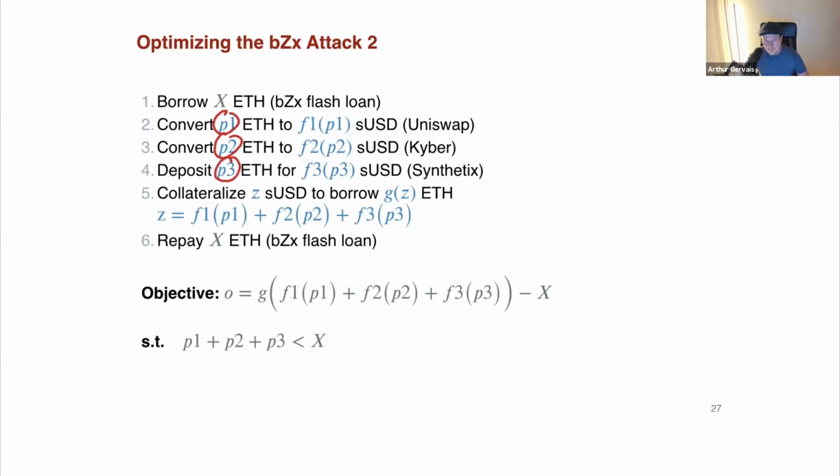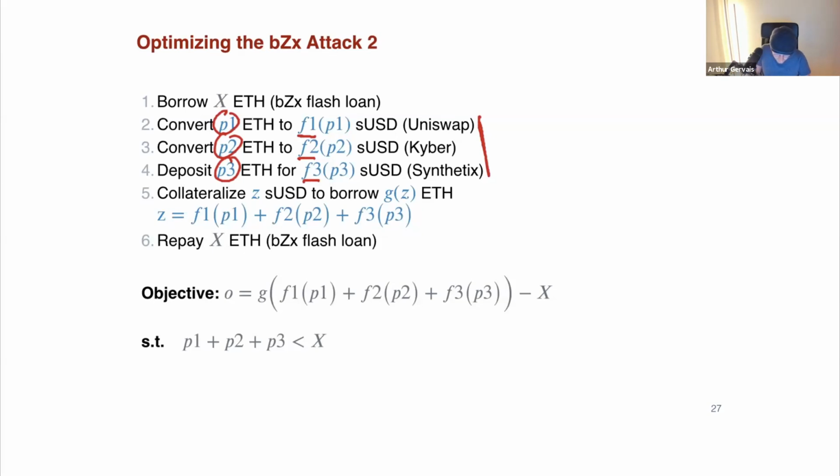These are conversions that we perform between ETH and US dollar. And these three conversions happen on three different venues. As such, we might have three different functions that tell us what's the return, right? So we need models for these different exchanges that give us accurate numbers, quantifying what we can expect in return, depending on the parameters that we pass to this exchange.